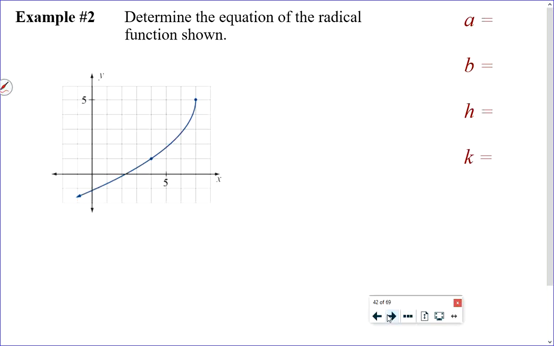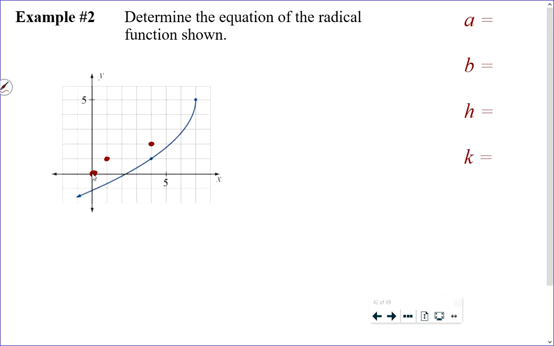When we take a look at the original function, root x, it goes through these 3 key points: (0, 0), (1, 1), (4, 2). If you want, you can write those points in. I'm going to erase them in a second.